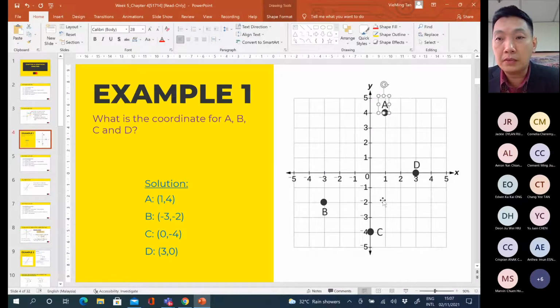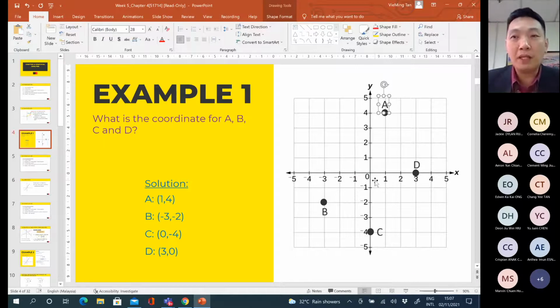Point C is when x is 0 and y is -4, which is this point. D is when x is 3 and y is 0. So when x is 3 is here, and y is 0, that means the point is on the x-axis.